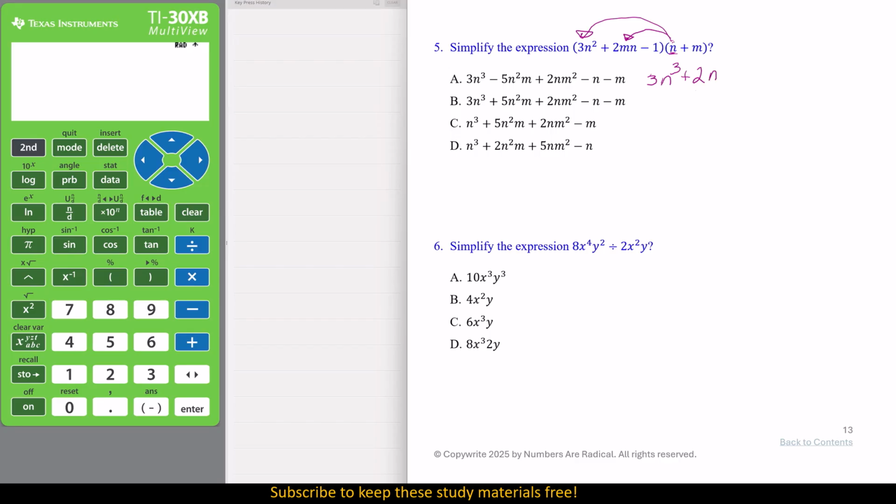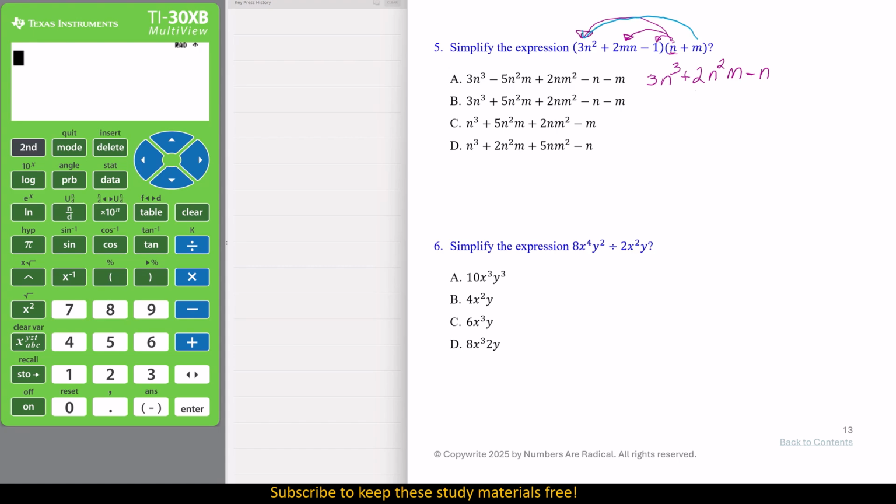I'm going to move the n squared first and then m on the end. Now I take n to the negative 1, so that would be negative n. Okay, change colors. Now let's go through this process with the m.